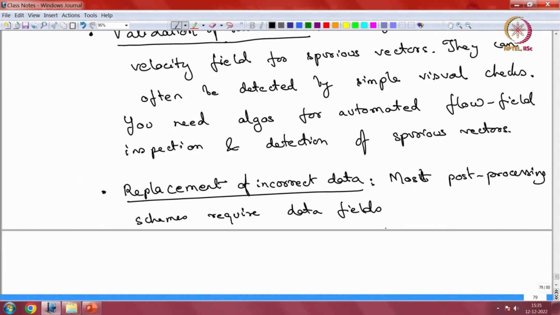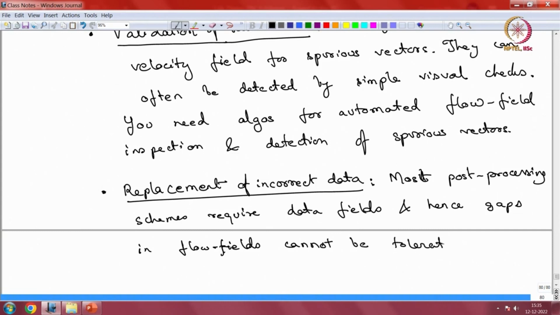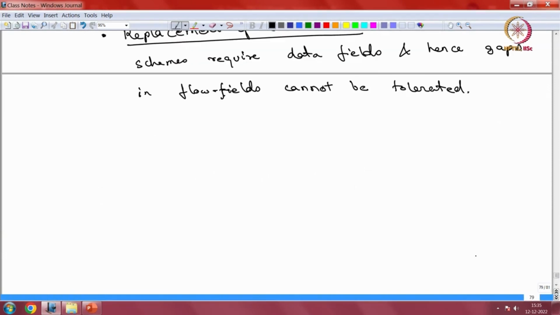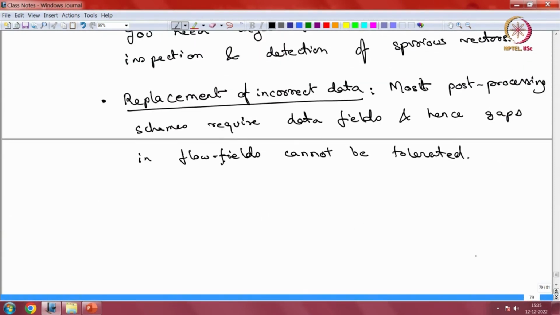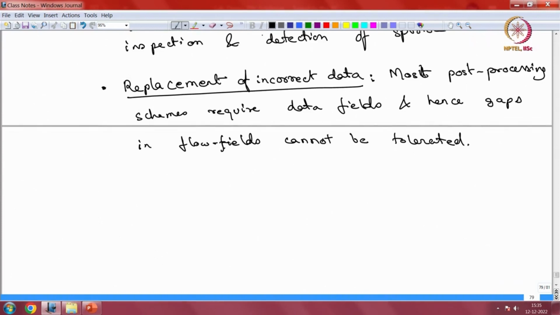You need the entire data field, and hence gaps in flow fields cannot be tolerated. We are not going to go into all these different aspects, but we are going to discuss some of the issues. So the issue that we want to discuss is the case of the spurious vectors in PIV.